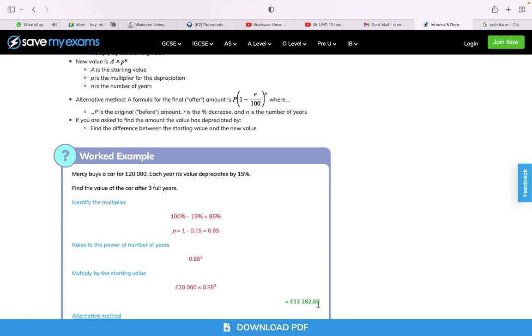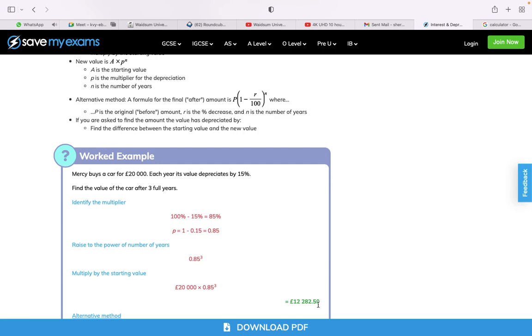12,282 pounds and 50 pence. This is a car he bought for 20,000 pounds just 3 years ago. Now, after 3 years, if he wants to sell it, he can only get 12,282 pounds 50 pence.